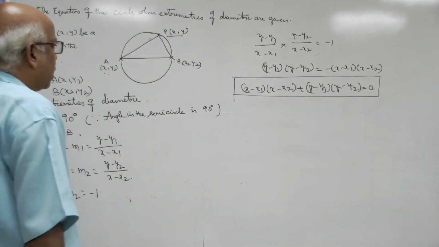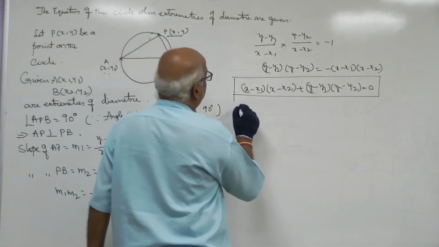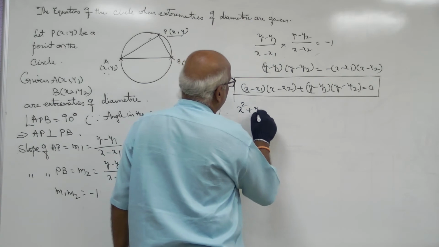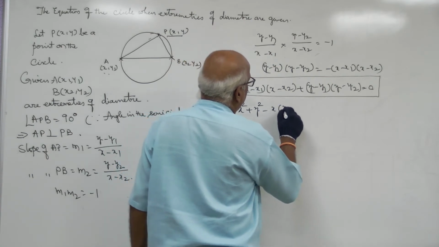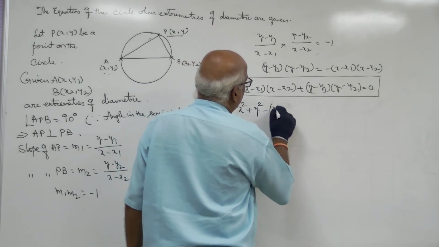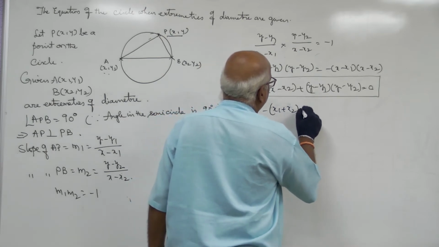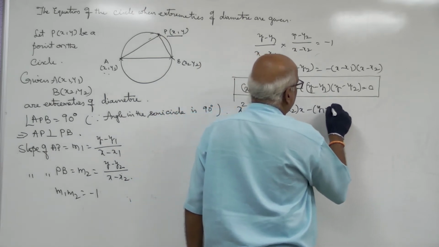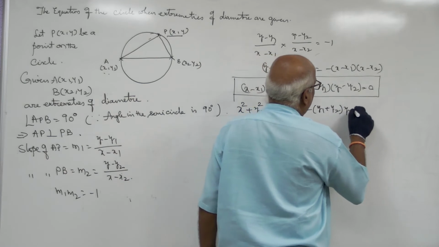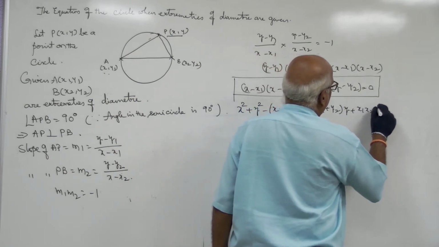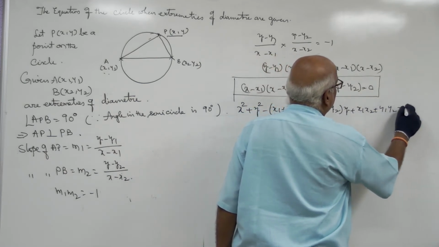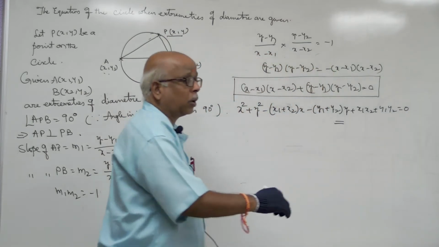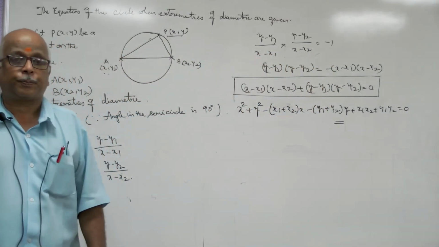The same formula we can write like this also: x square plus y square minus (x1 plus x2) x minus (y1 plus y2) y plus x1 x2 plus y1 y2 equals 0. In this way also we can write it.